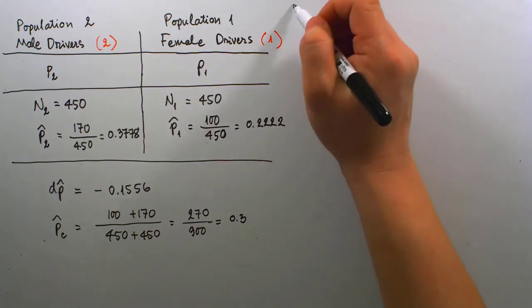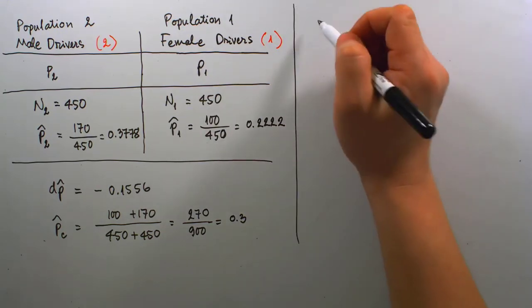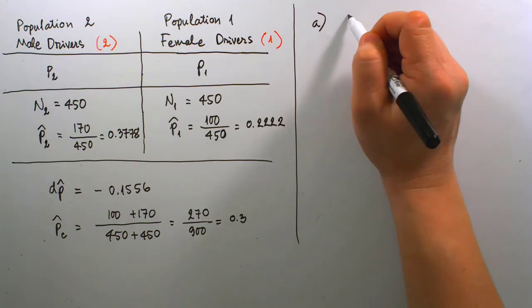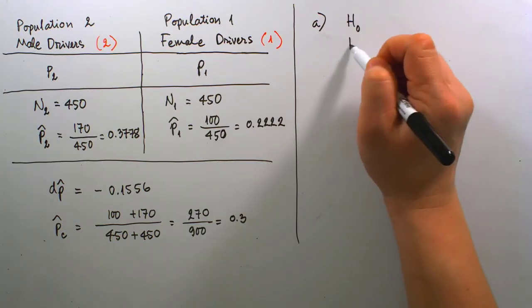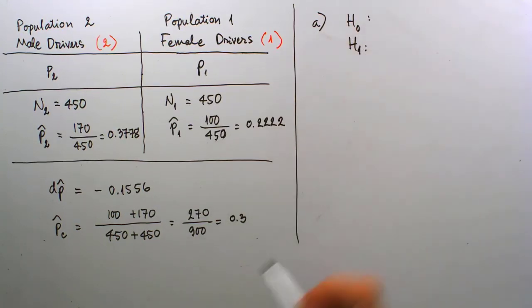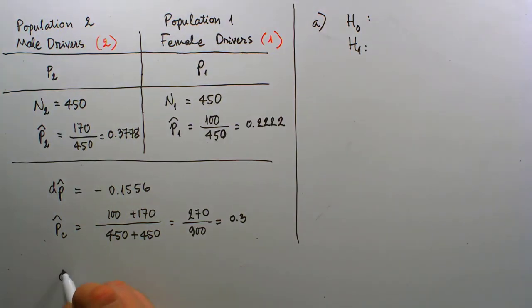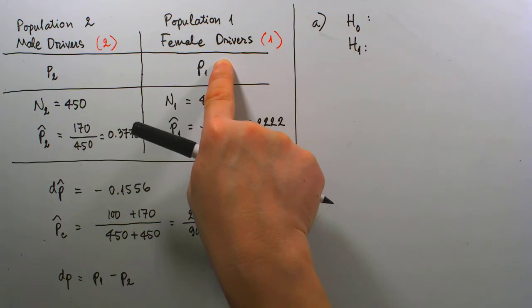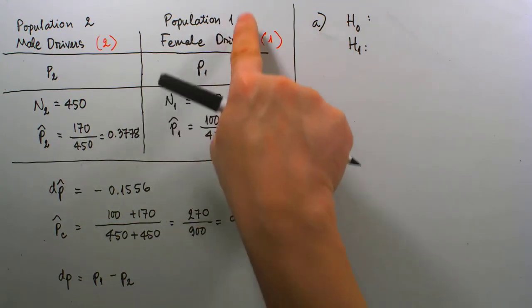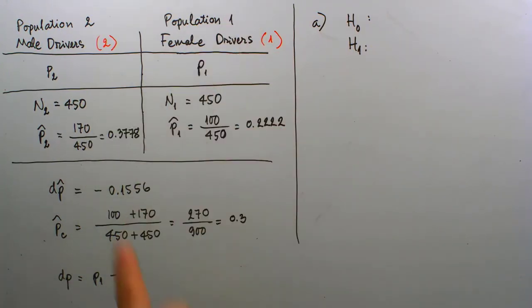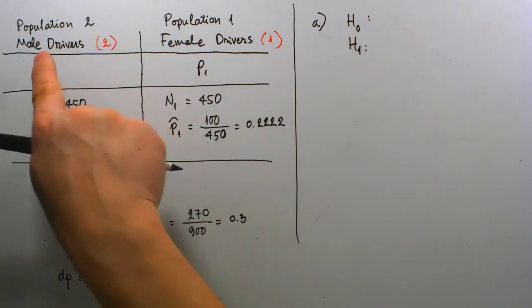But now when it comes to testing our hypothesis in part A, then the two hypotheses would look as follows. Again, as a reminder, it's all due to the fact that we have permanently defined dP to equal P1 minus P2. And again, I have to say, for whoever is in the role of P1 and whoever else is in the role of P2. So in this case, P1 is actually the population proportion from female drivers, and P2 is the population proportion from the male drivers population.